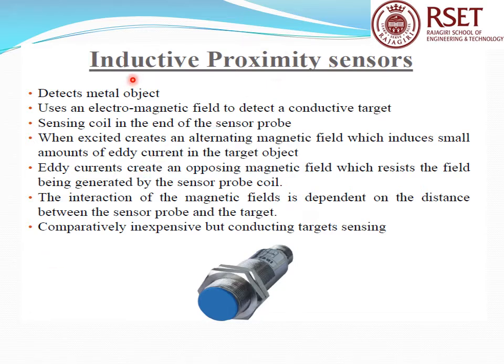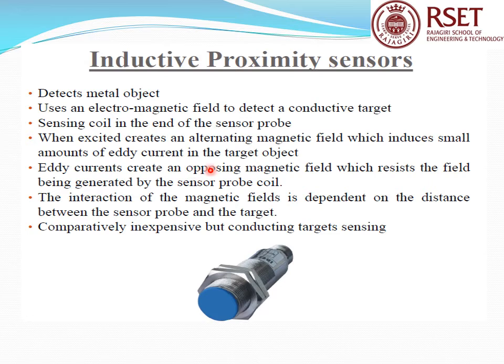Proximity sensors working on the inductive principle are basically used to detect metallic objects. Here, we use an electromagnetic field to detect the conductive target. A sensing coil at the end of the sensor is used as the probe. When excited, it creates an alternating magnetic field which induces a small amount of eddy current in the target object.